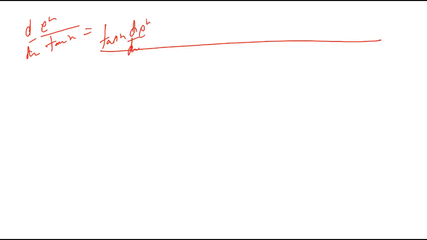Then I put a negative sign here, e^x will be there, and d by dx of tan x. In the denominator, I have to square tan x, which is the g(x) part.